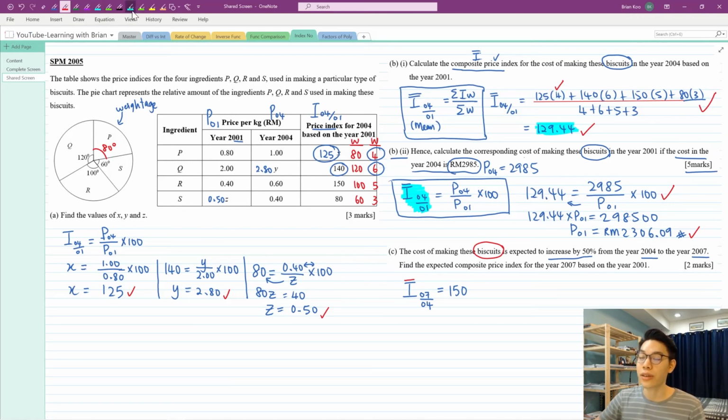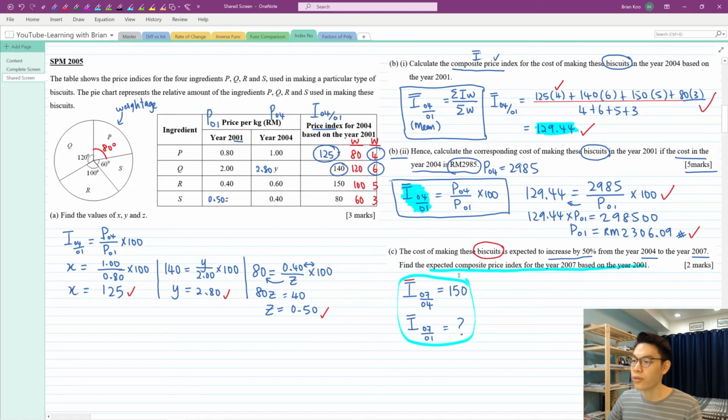Okay, let's continue reading the question. Find the expected composite price index for year 2007 based on year 2001. So we are looking for composite index year 2007 based on year 2001. Now that I have written the information here, do you notice that they are referring to 3 different years.